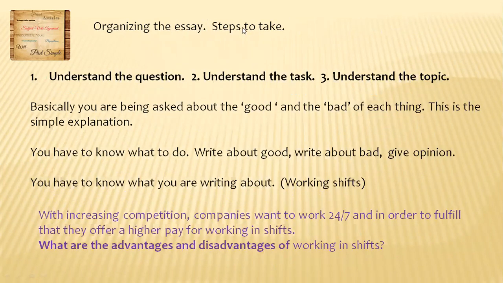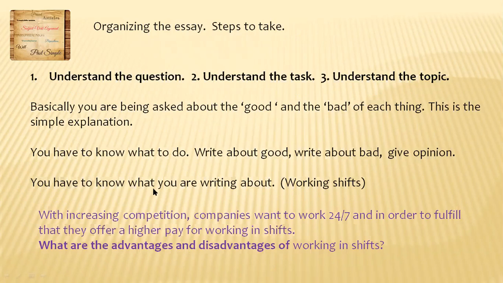Steps to take: understand the question, understand the task, understand the topic. So basically you're being asked to talk about the good and bad of each thing. This is the simple explanation. Advantage, disadvantage. You have to know what to do. Write about good, write about bad, also give your opinion if warranted.